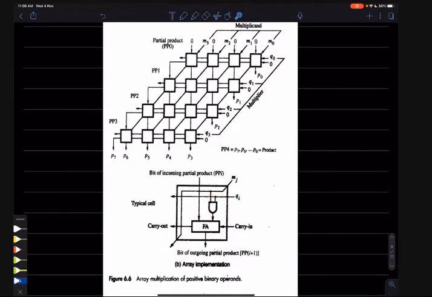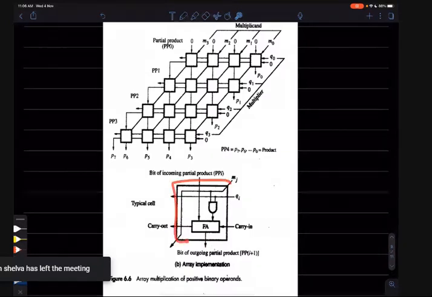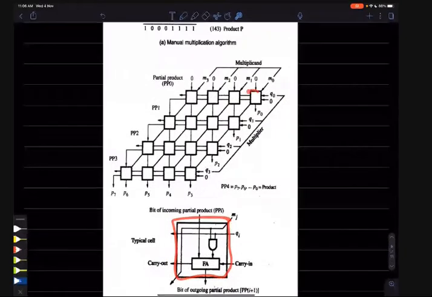The full adder will add those 2 bits, and obviously it will get a carry in from the previous stage. It will give you a carry out, and it will give you the partial product sum. So this block will be repeated in all these cases.